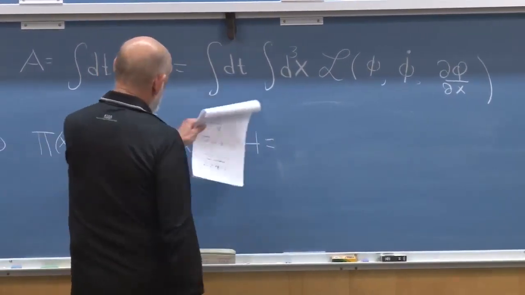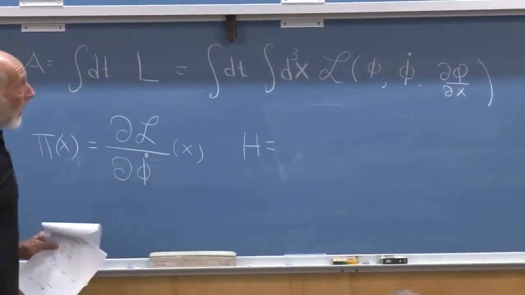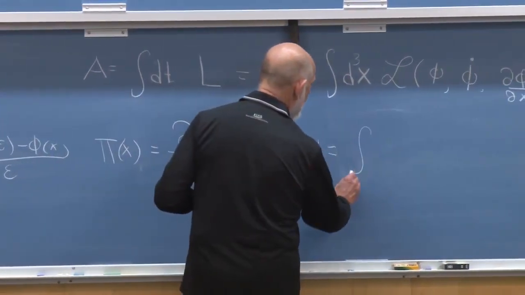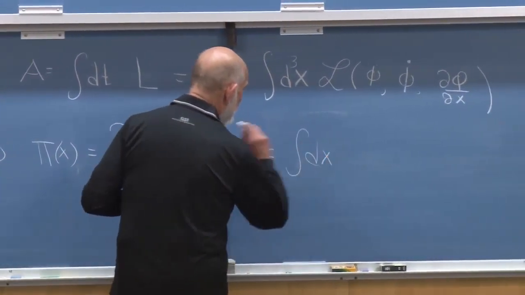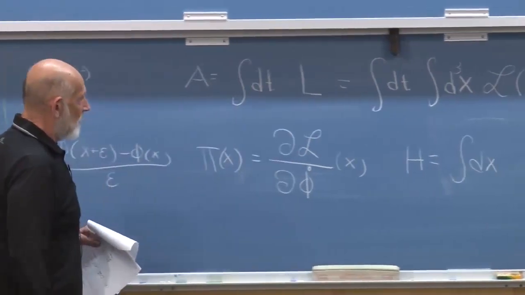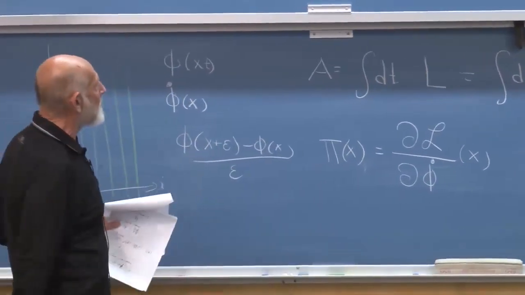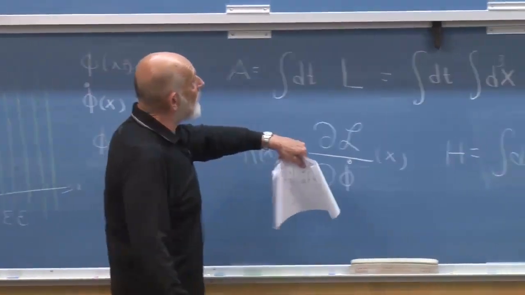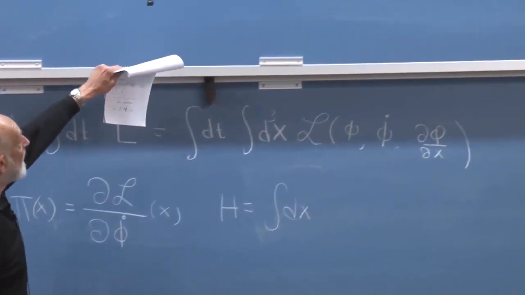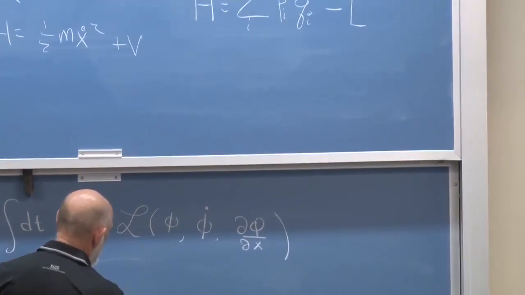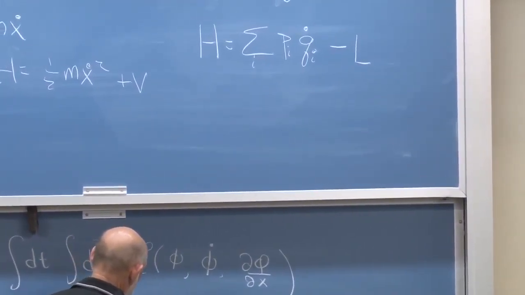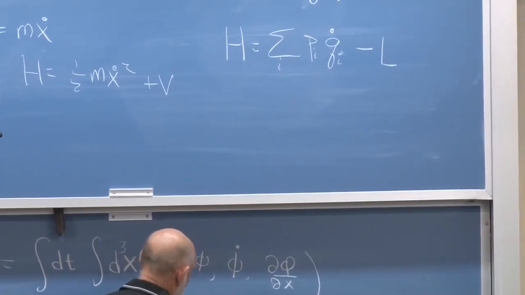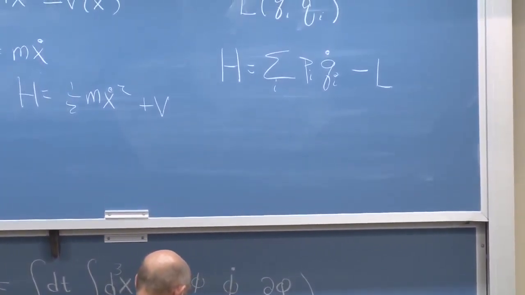So the sum over I is really going to be an integral over x, integral dx. Sum over all positions. That's it. Now, what's it going to have in it? It's going to have p sub I, that's pi sub I, of x, times phi dot of x.